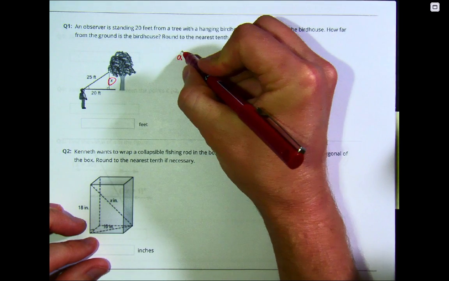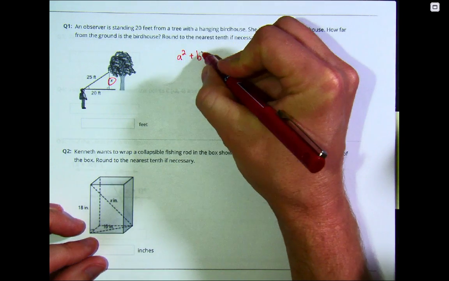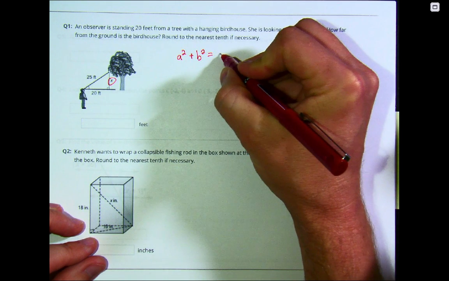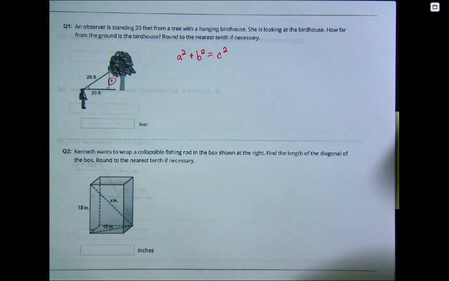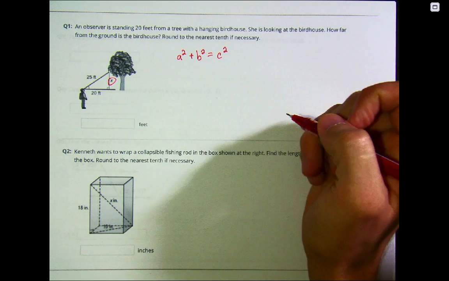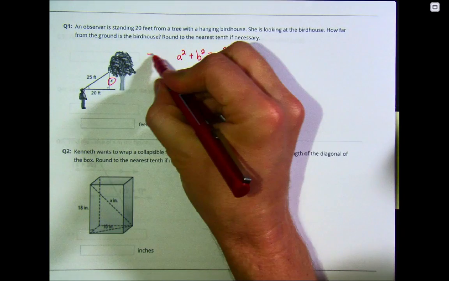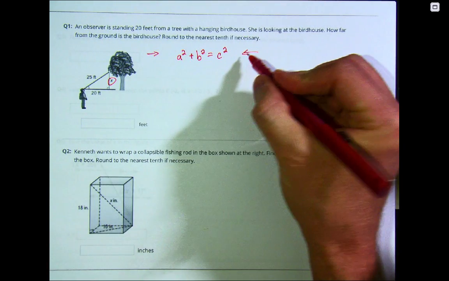And when you have a right triangle, we have learned in Unit 8 that a squared plus b squared equals c squared. This is the Pythagorean theorem, and it's one of the most important things in Unit 8. In fact, this is one of the most important things that you're going to learn this year in math.